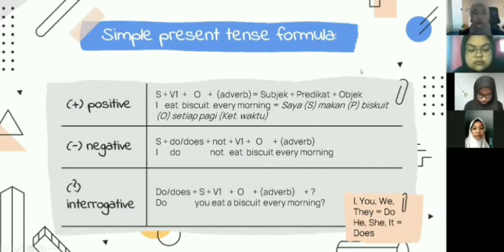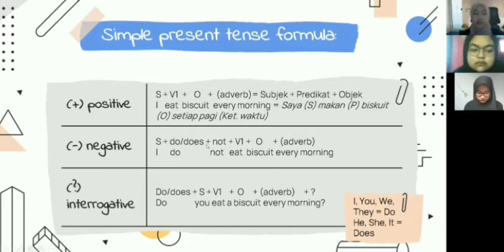So you need to remember that there are no grammatical rules that change. Both languages have similar structure rules, but it is different with the negative and interrogative ones. In the negative, the formula is subject, do or does, plus not, plus verb 1, plus object, plus adverb.